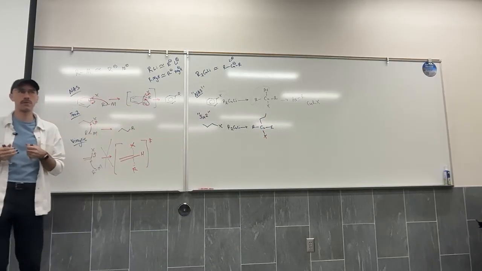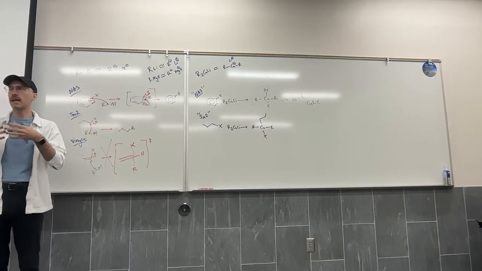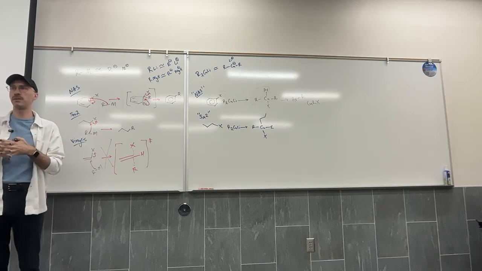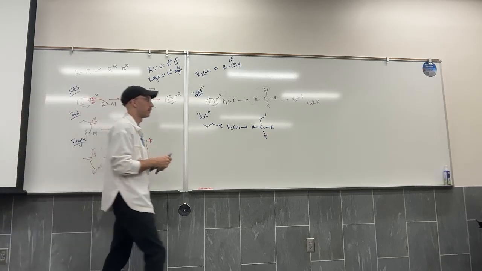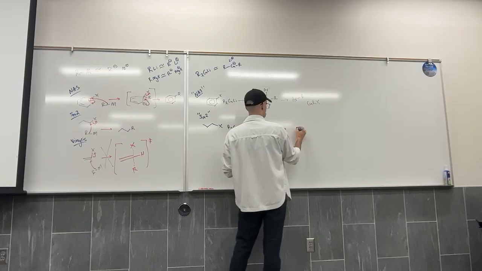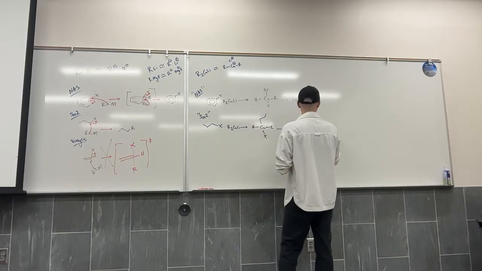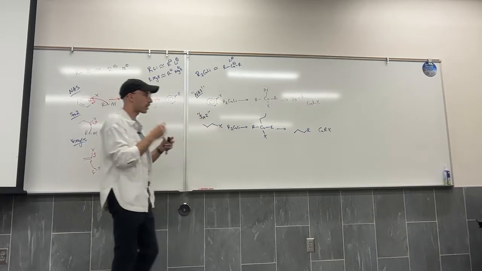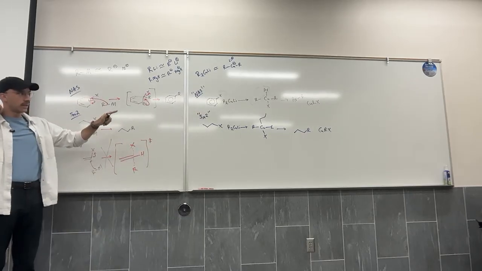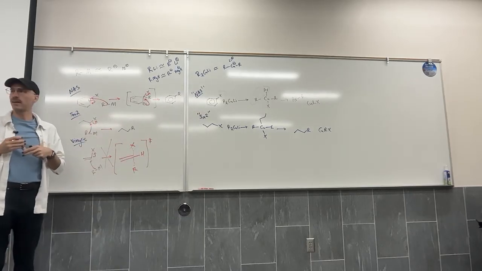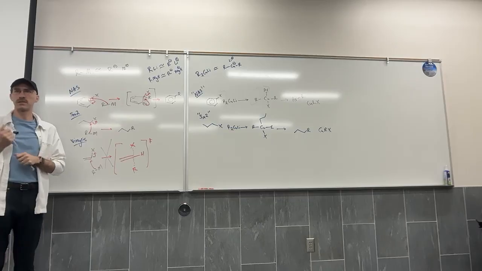It's more like copper taking everything apart and then putting together new pieces again. I'm not sure that we talked about this either, but the cuprate is not using both equivalences to make these transformations happen.